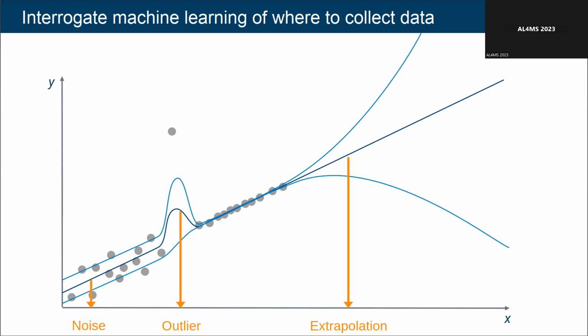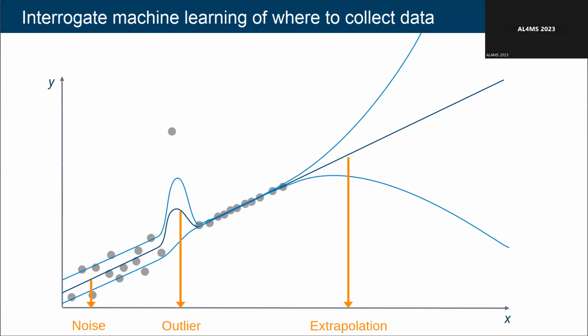Or perhaps we could do some experiments down here where there's the noise, and by taking more values there, they might themselves still have that same kind of experimental scatter, but you'll get a 1/√n improvement in the estimate of the machine learning model. But all of those places where we could do additional experiments are characterized by the uncertainty being large, and that's what the machine learning model would go off and search for.